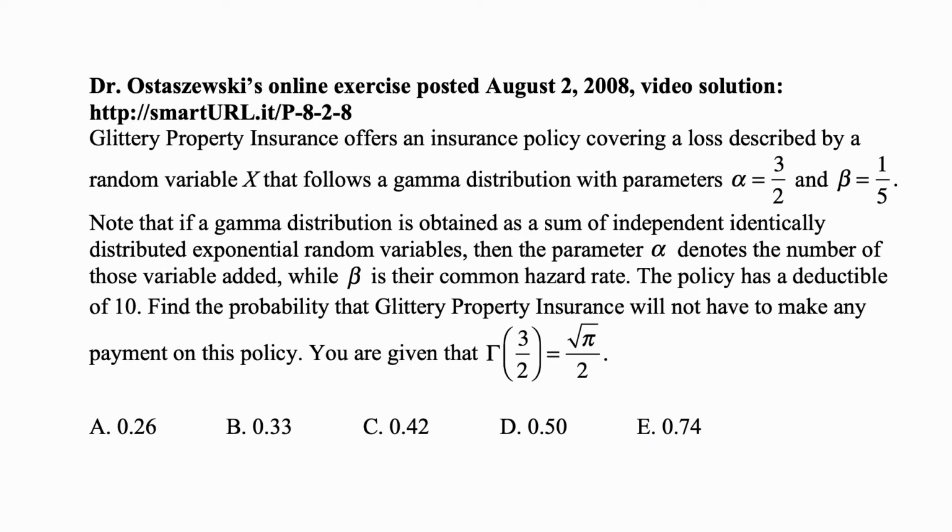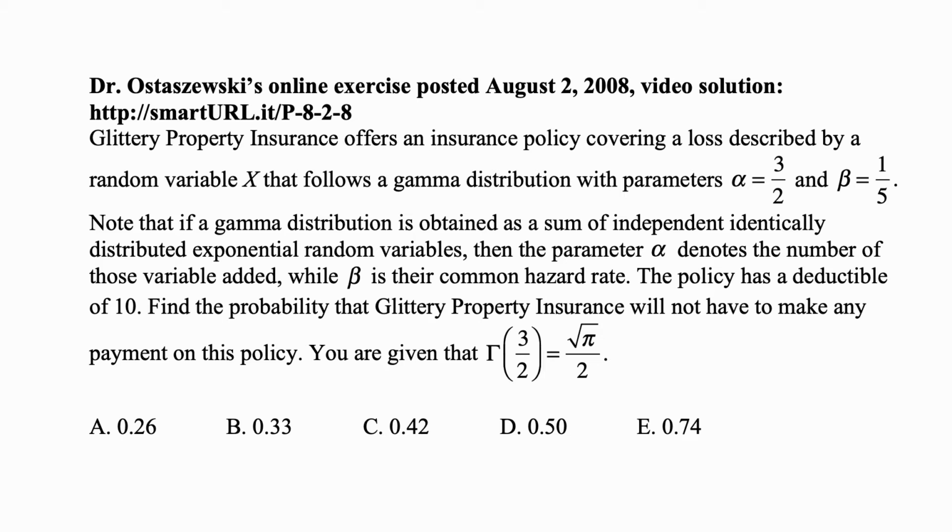For exam P on probability, Glittery Property Insurance offers an insurance policy covering a loss described by a random variable X that follows a gamma distribution with parameters alpha equal to 3/2 and beta equal to 1/5. Note that if a gamma distribution is obtained as a sum of independent, identically distributed exponential random variables, then the parameter alpha describes the number of those variables added, while beta is their common hazard rate.